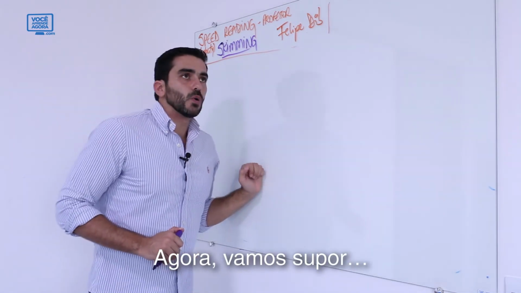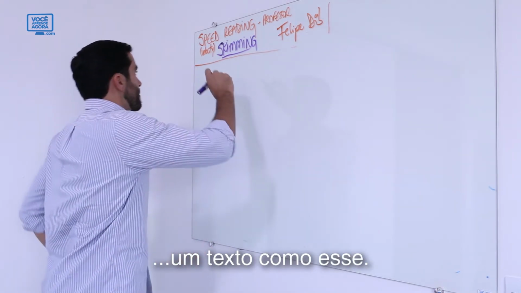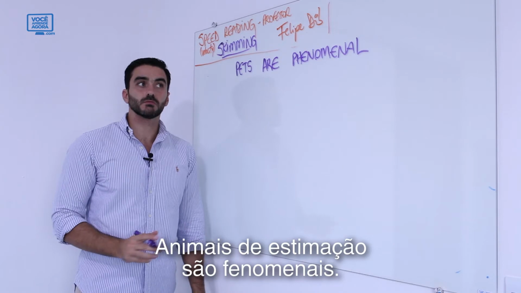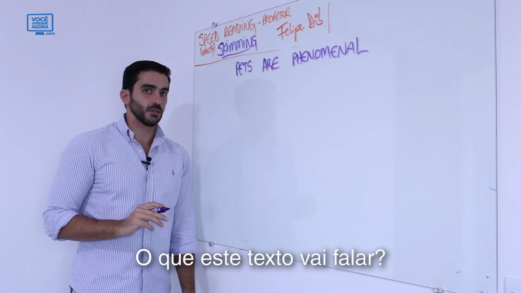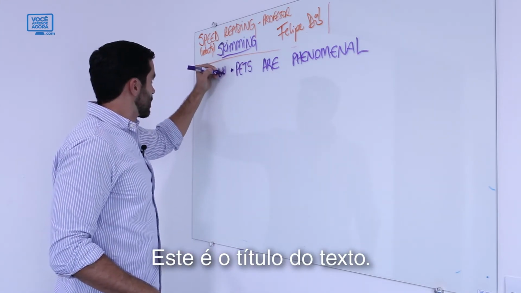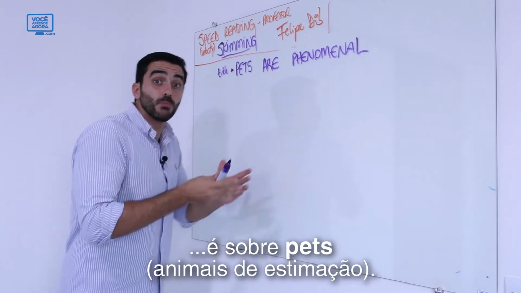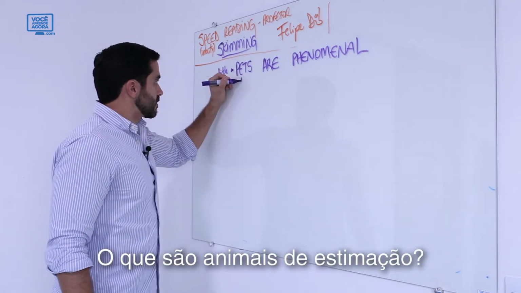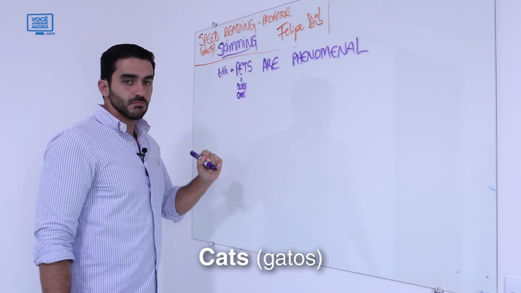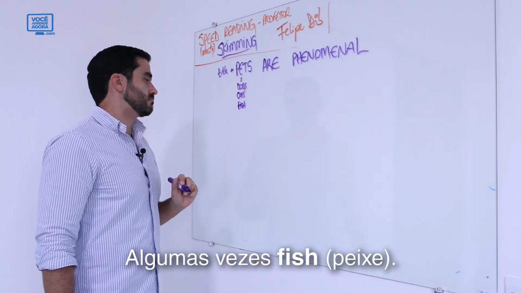Now, let's suppose you see a text like this. Pets are phenomenal. What is this text gonna talk about? By the title, this is the title of the text, you understand that the text is about pets. What are pets? Dogs, cats, often dogs and cats, sometimes fish, and that's it.